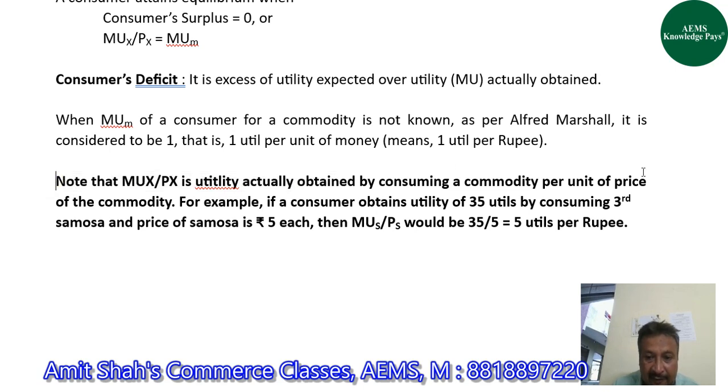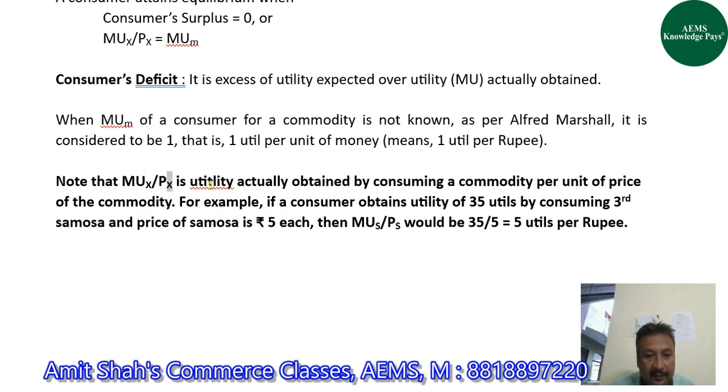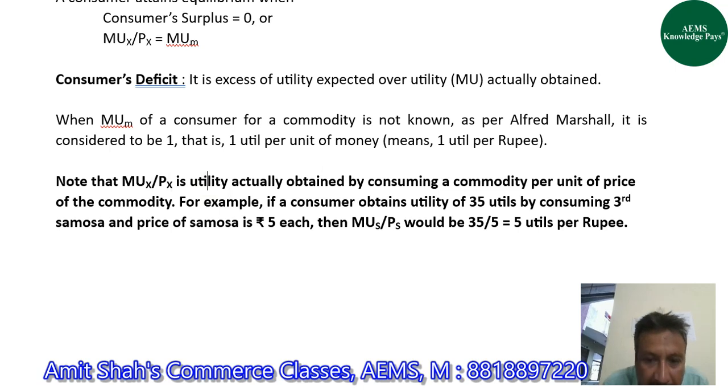Go through this, guys, and tell me whether you have understood this or not. As what is MUX upon PX? By spending each unit of price of the commodity, how much utility you are actually obtaining is MUX upon PX. Priyansh, we have class going on here.